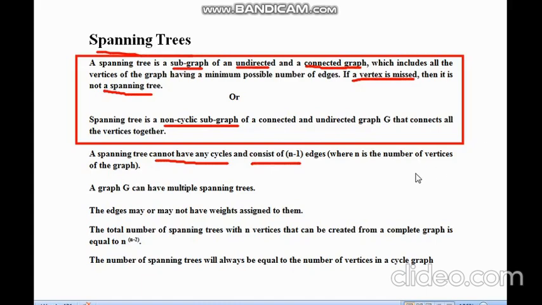Hence finally we have 3 steps. It should have n vertices. It should have n-1 edges, and finally it should have no cycles.